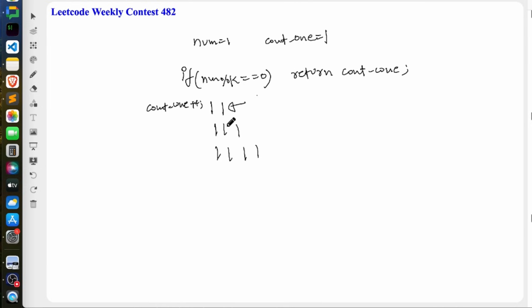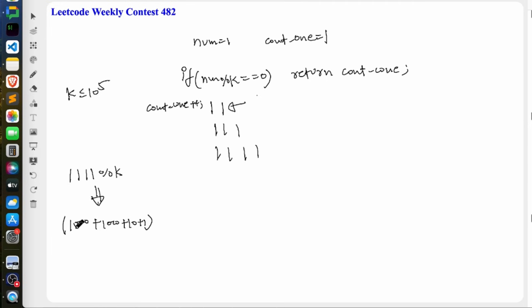But the interesting thing is, how do you find out the case when the answer won't exist? So if you observe it carefully, your k is up to 10 to the power 5, right? And let's see what 1111 modulo k is. 1111 is nothing but 1000 plus 100 plus 10 plus 1, right?